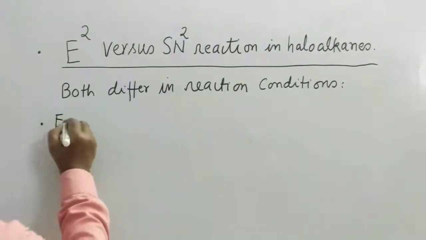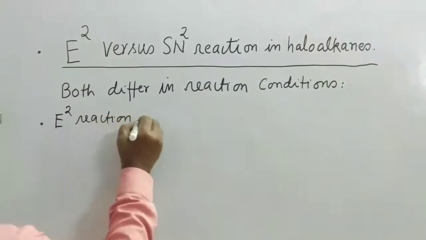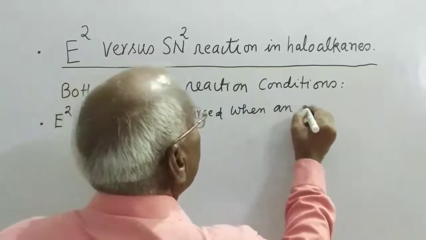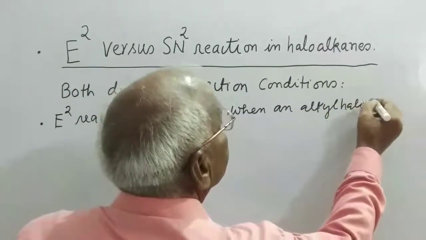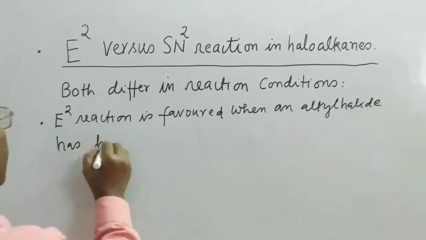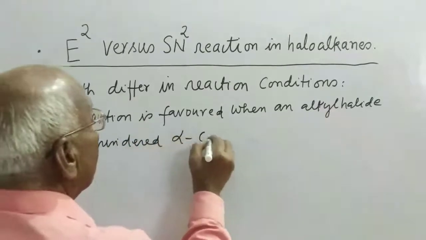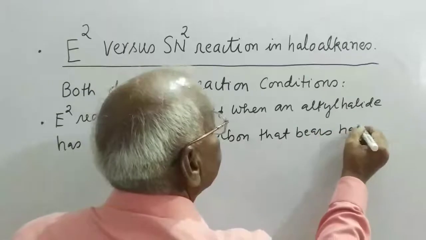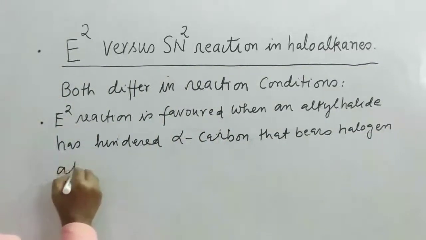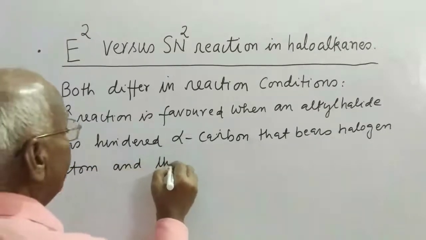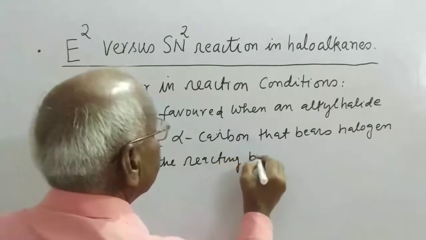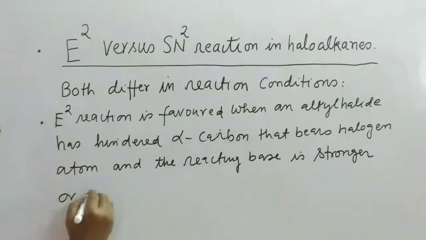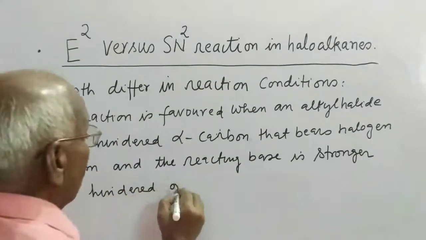E2 reaction is favored when an alkyl halide has a hindered alpha carbon that bears the halogen atom, and the reacting base is stronger or hindered or larger in size.